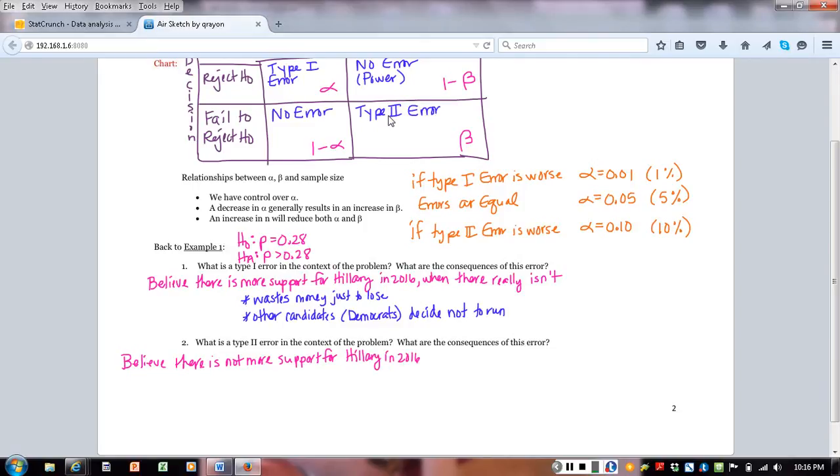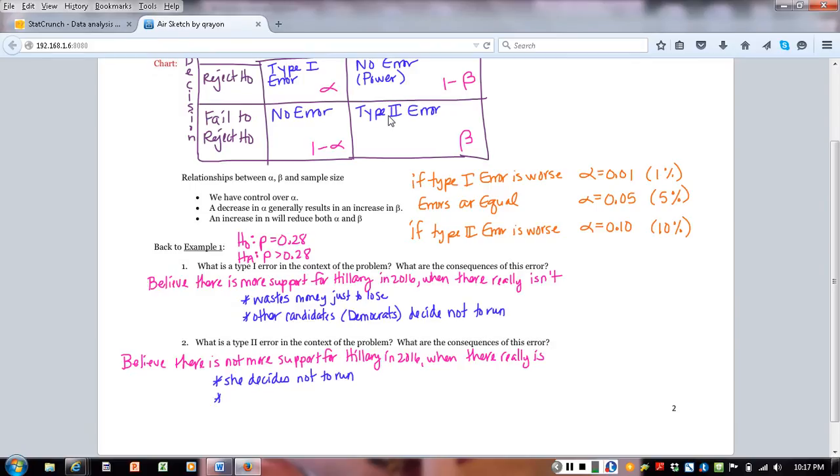What makes it an error when there really is? What bad things could happen if we don't think there's more support for her and there actually is? Well, maybe for one, she decides not to run, and maybe she would have won. So that would be a downfall.